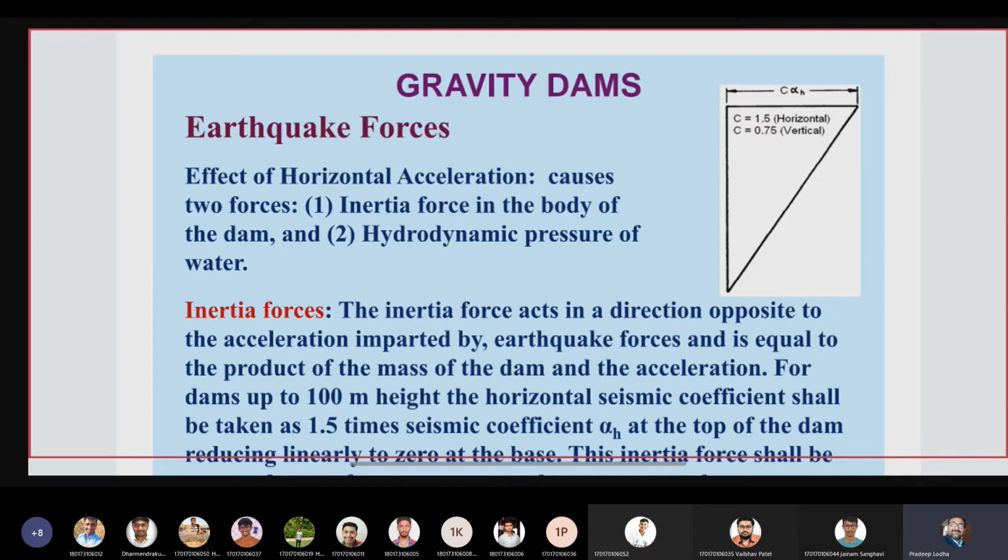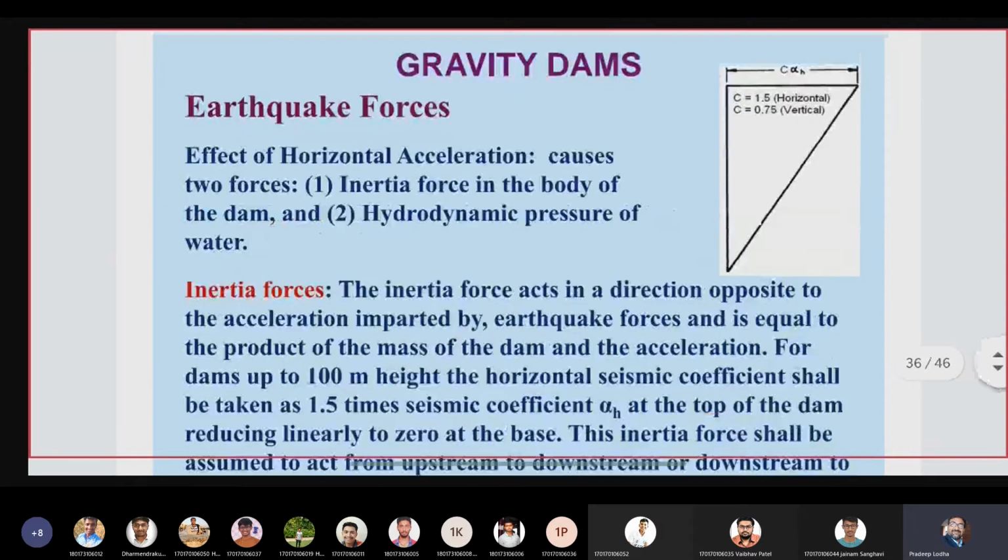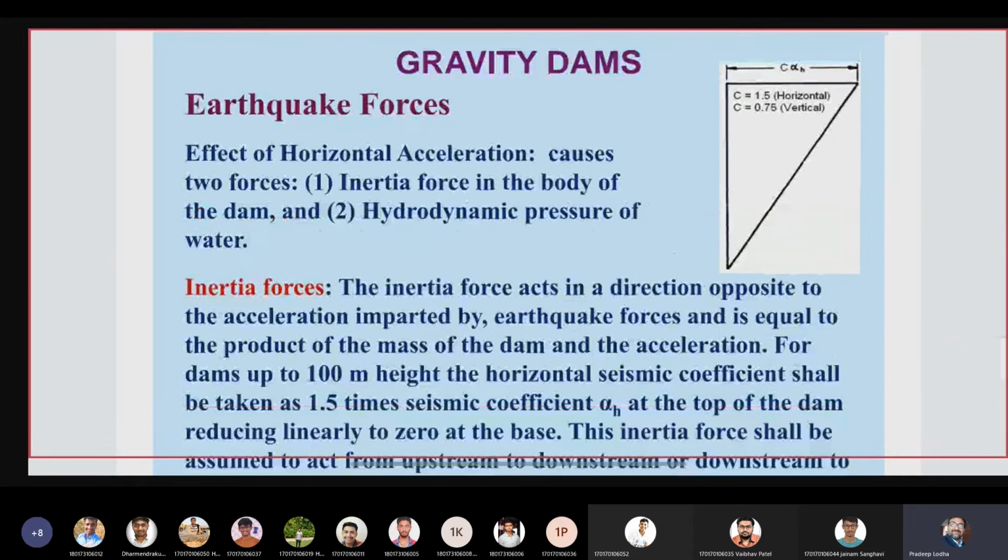Now first we take the case of the inertia force, that inertia force acting on the dam body. The alpha H which we have calculated doesn't affect much at the base of the dam. As you could see on the right hand side, right top corner, there is a small triangular shaped diagram.